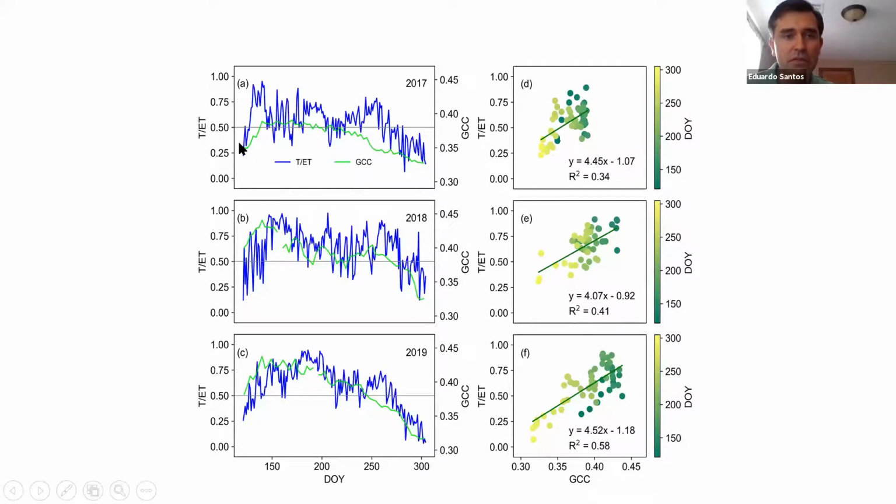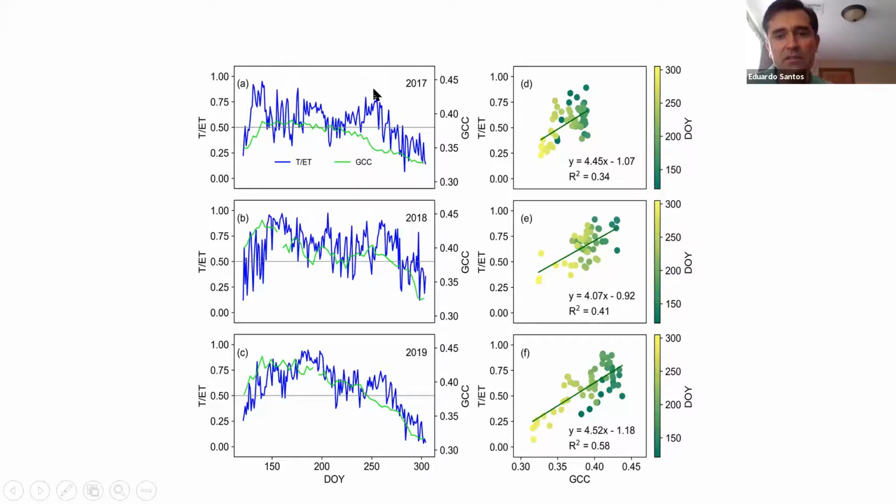Here you see the ratio between T and ET, basically telling you how much of ET is coming from transpiration. This was a very dry year, 2017. Sometimes you're above 50%, and then it comes down when you have a drought spell, so plants cannot pump water from the ground, and then it goes up and down.